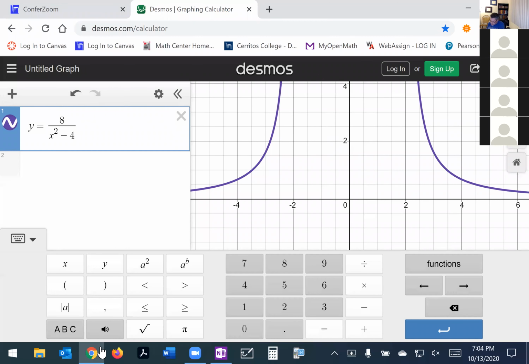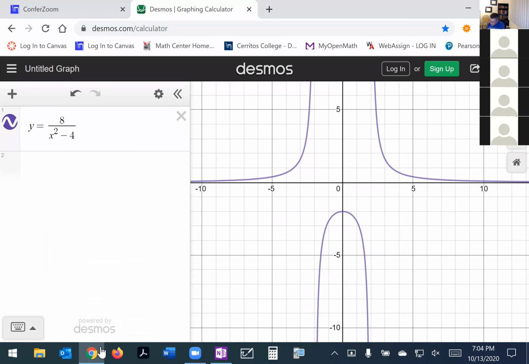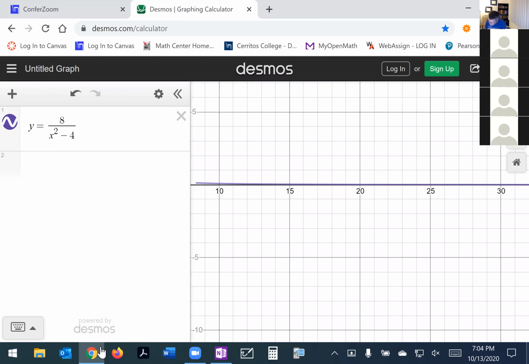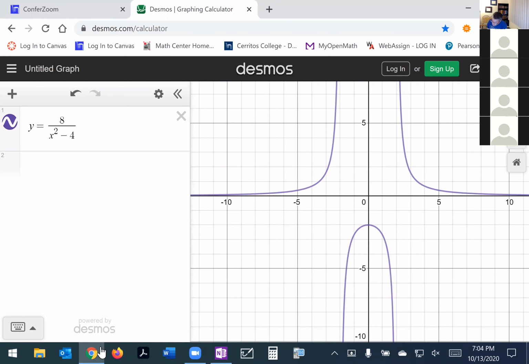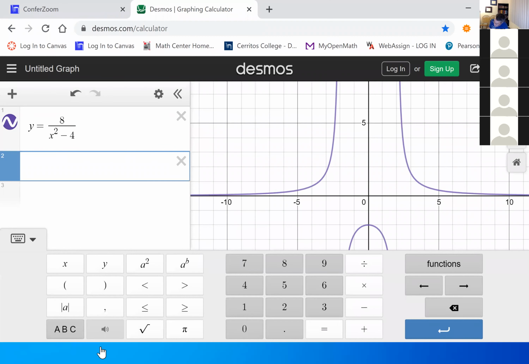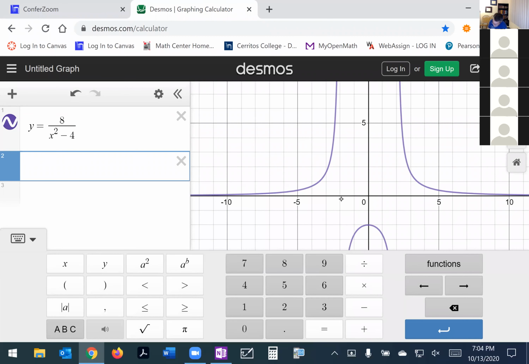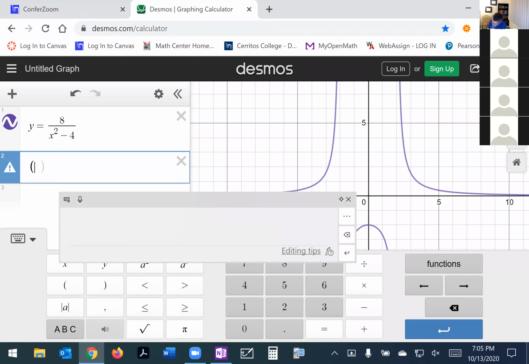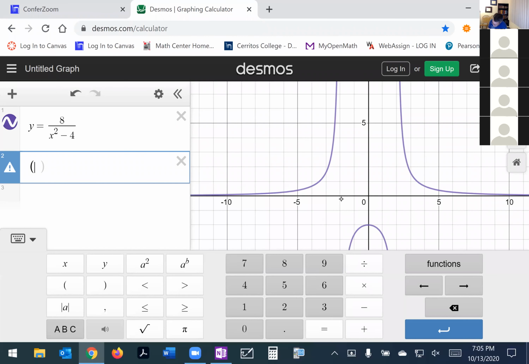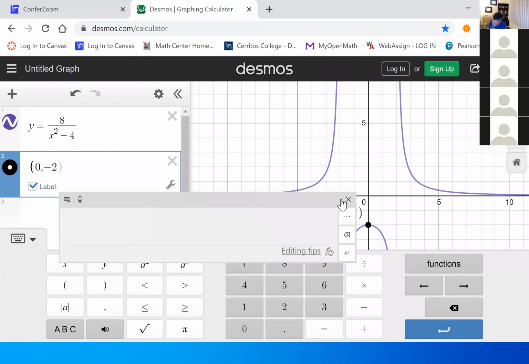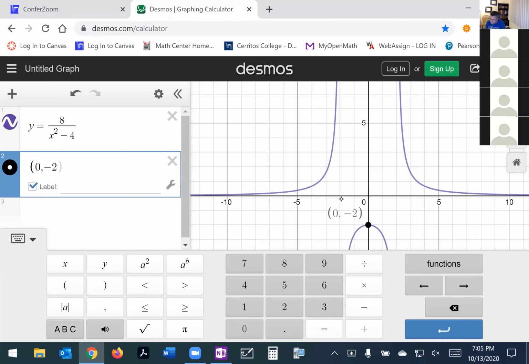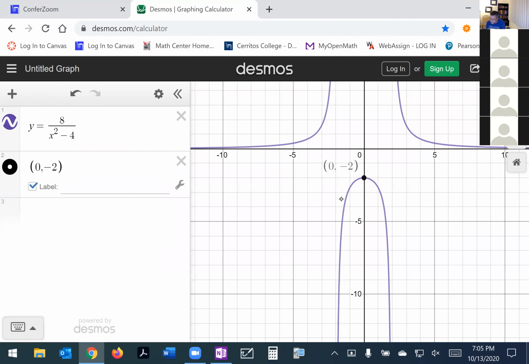Oh, look at that. That's nice. What about the point 0, negative 2? Let's label that. Boom, look at that. That's my relative maximum.